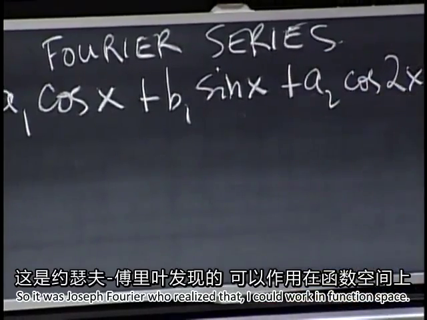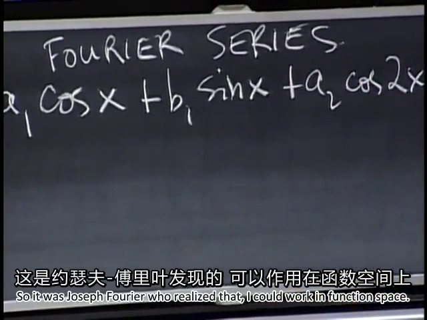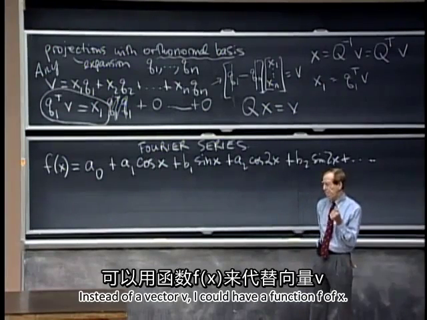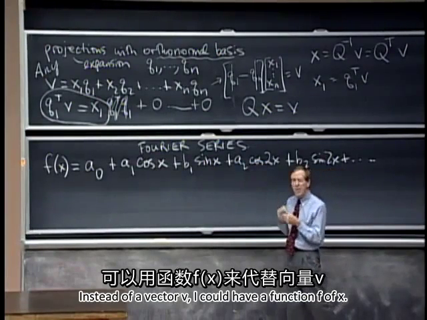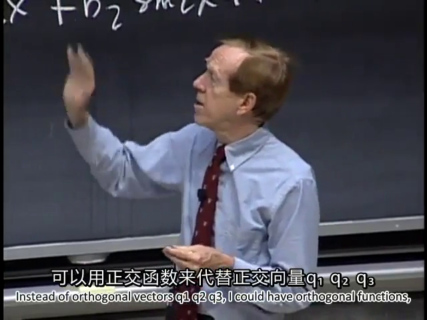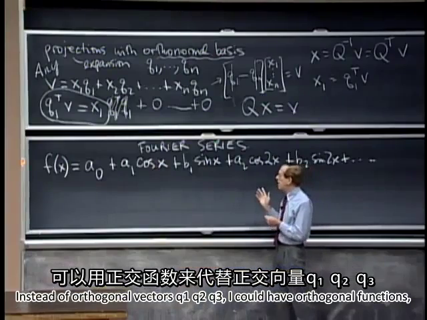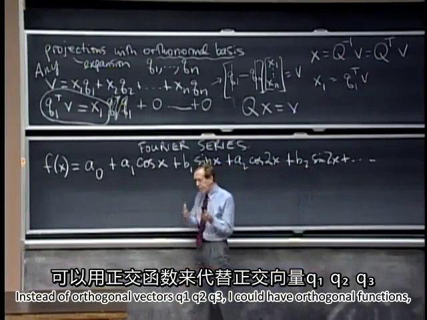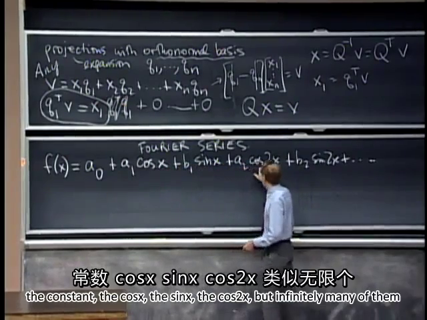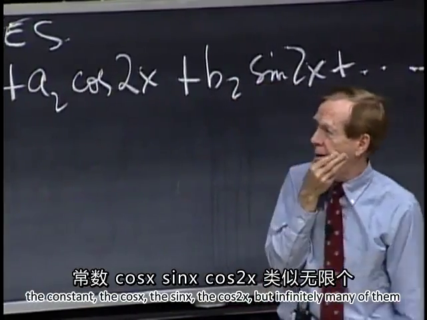So it was Joseph Fourier who realized that, hey, I could work in function space. Instead of a vector v, I could have a function f of x. Instead of orthogonal vectors q1, q2, q3, I could have orthogonal functions, the constant, the cosine x, the sine x, the cos 2x, but infinitely many of them.